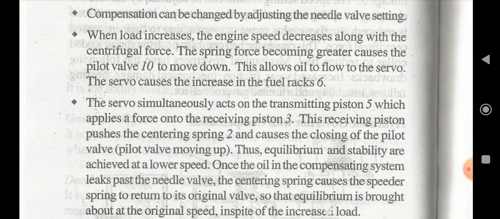This will cause the pilot valve to move down and allow oil to flow to the servo, and the servo will cause an increase in the fuel rack. Here what it is doing is, when the load increases, engine speed decreases along with centrifugal force. During that time the spring force becomes greater, causing the pilot valve to move down. So this will allow oil to flow to the servo, and the servo will increase the fuel rack.